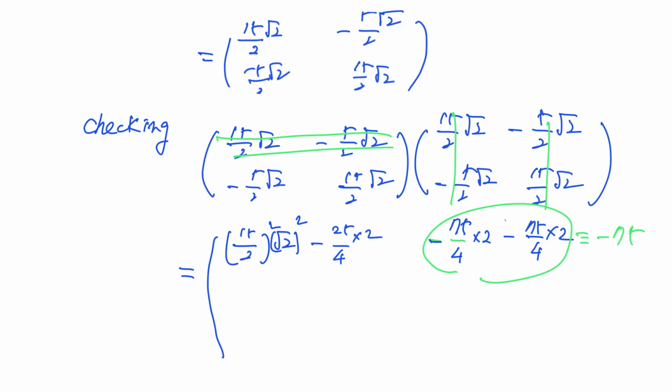And this part, which is 4 over 225 times 2 minus 4 over 50. So 225 times 2 is 450. Minus 50 is 200.